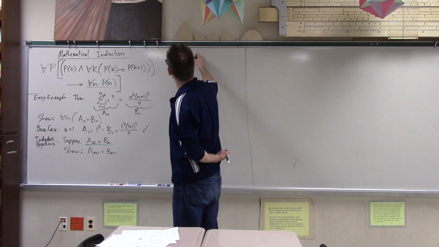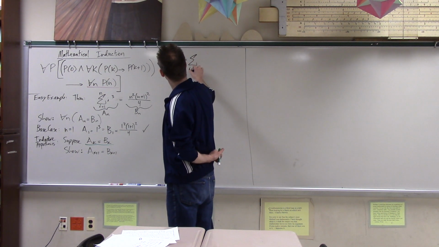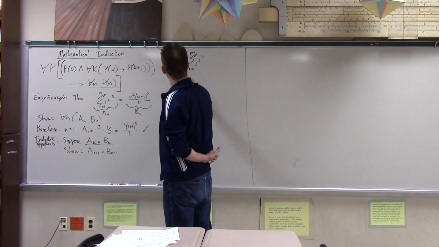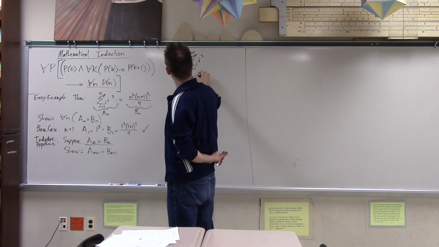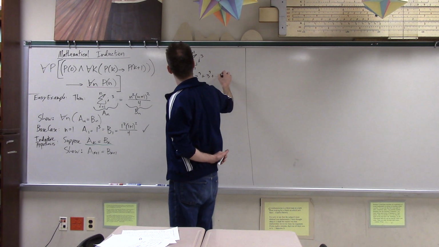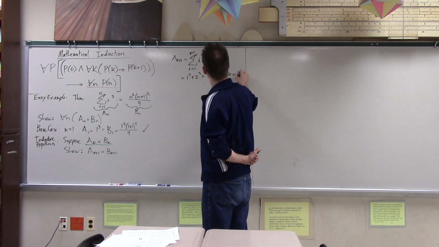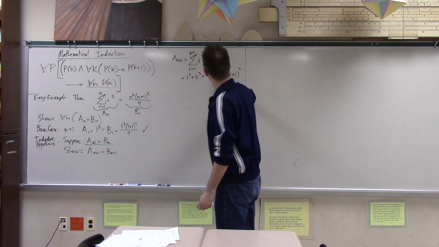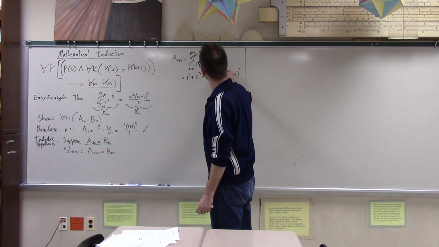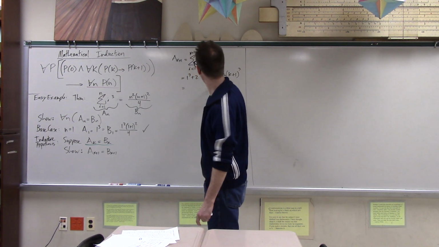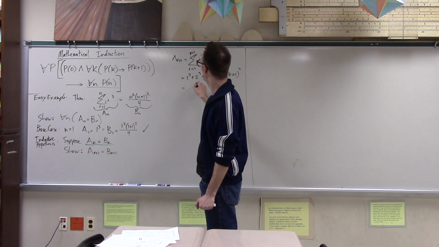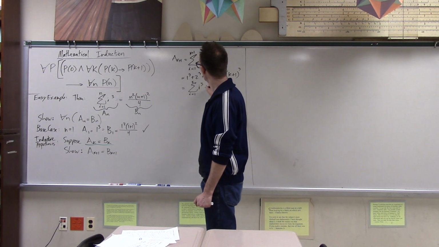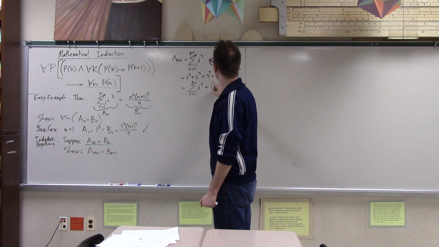A sub k plus 1 is the sum from i equals 1 to, well now I stop at k plus 1, of i cubed. In other words, this is just 1 cubed plus 2 cubed plus 3 cubed plus all the way up to k cubed plus k plus 1 cubed. And this shows that, in fact, this is just the sum from i equals 1 to k of i cubed, plus just the final number being cubed, k plus 1 cubed.